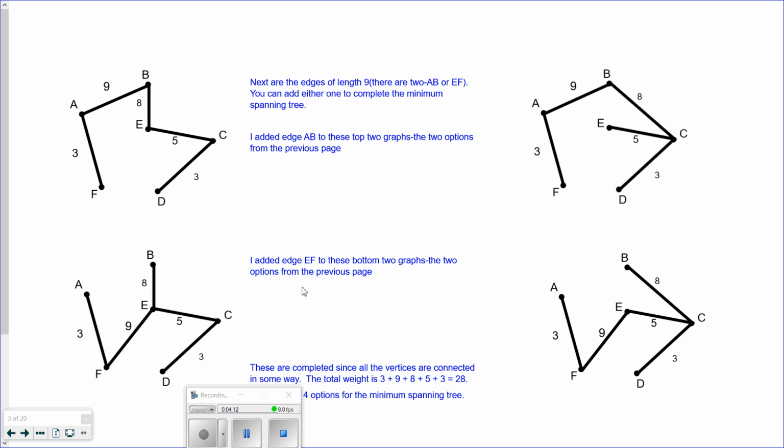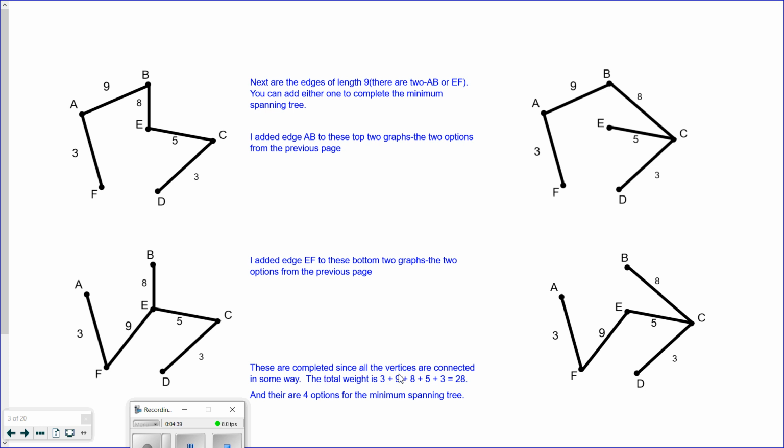And then down here, I added in the EF 9 to both of these, and that was from the 2 different 8s, so the BE 8 and the BC 8.